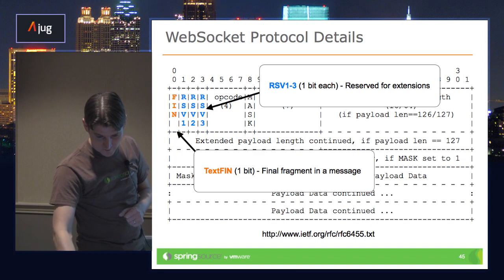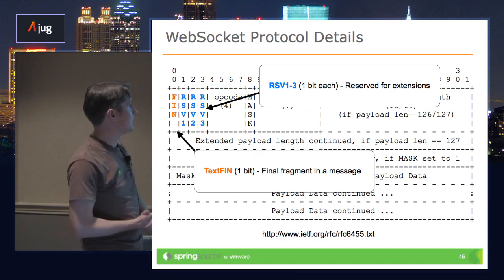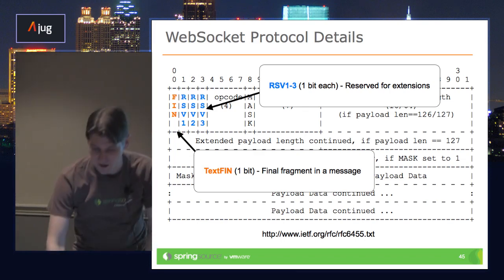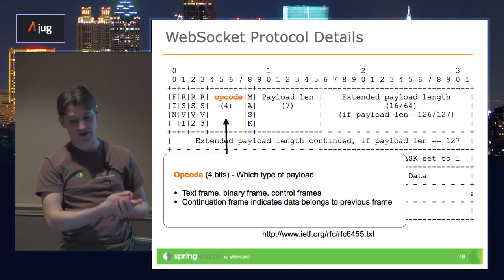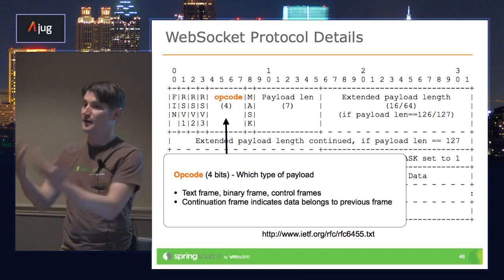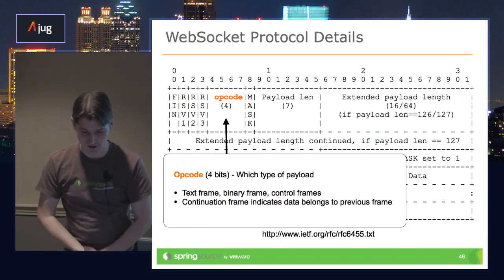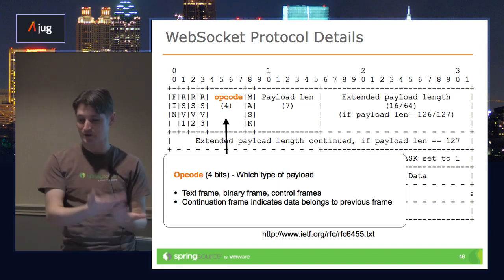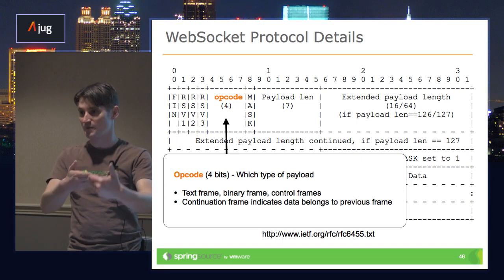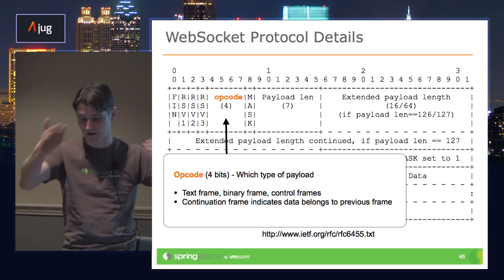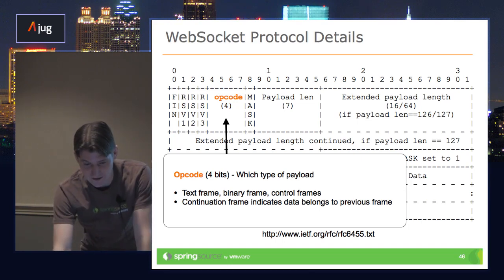A few bits are reserved for extensions. Then we have the opcode. It indicates whether you are dealing with a text frame, a binary frame, control frames, which I'll talk about in just a second, or a continuation frame, meaning you're hitting a frame that belongs to a previous frame, so multiple frames form a message.